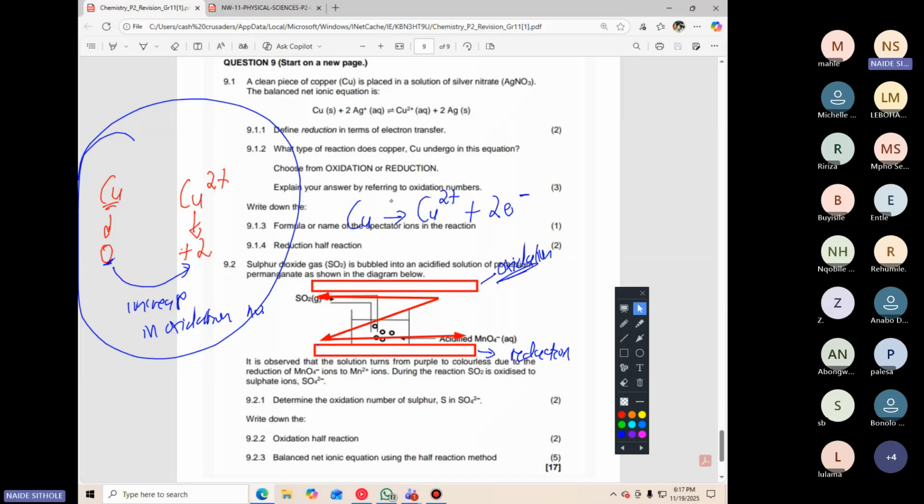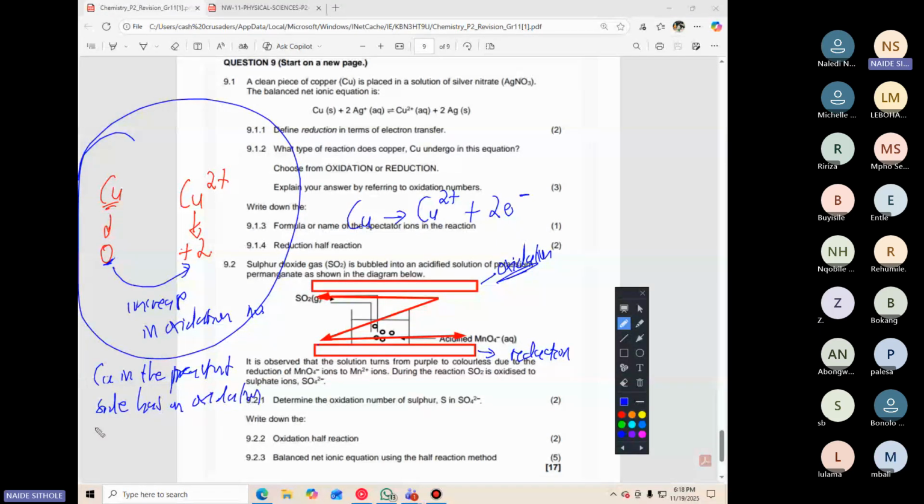Okay, explain your answer. Obviously, it doesn't end there, they want you to explain. You want to say copper on the reactant side has an oxidation number of 0, right? And Cu2+ on the product side has an oxidation number of +2.